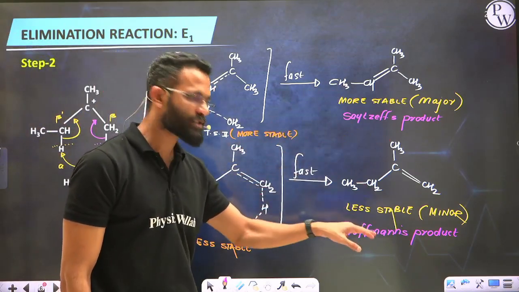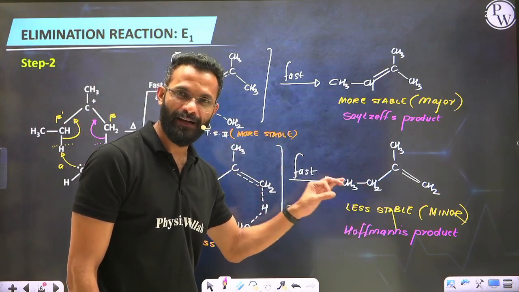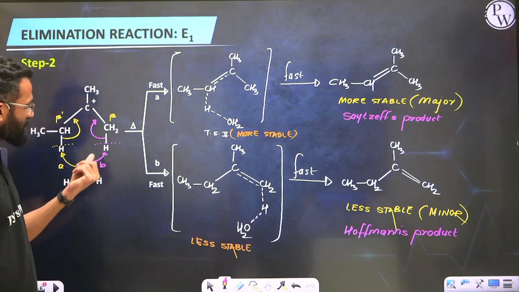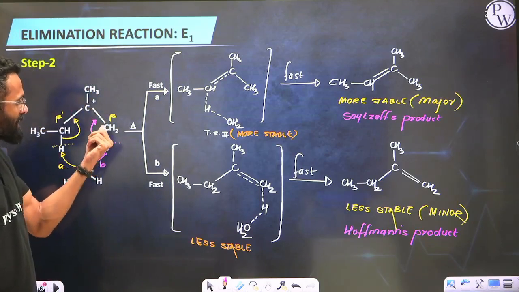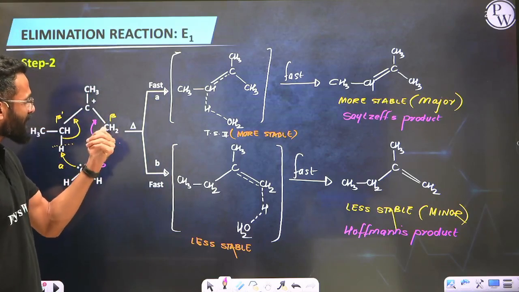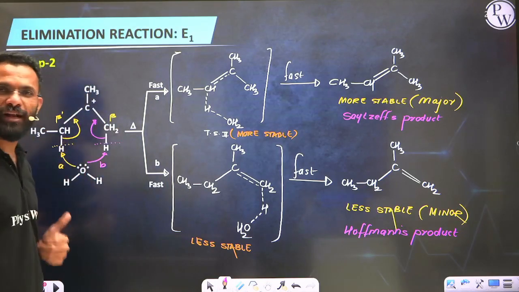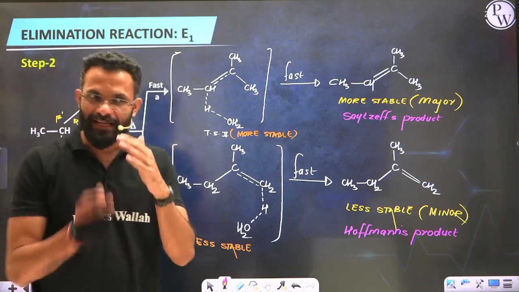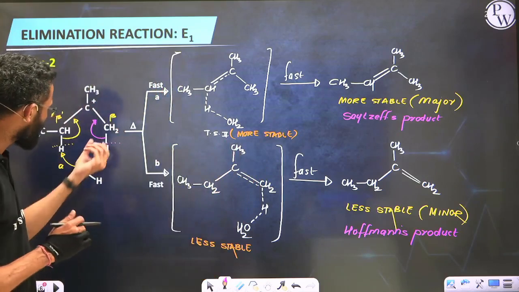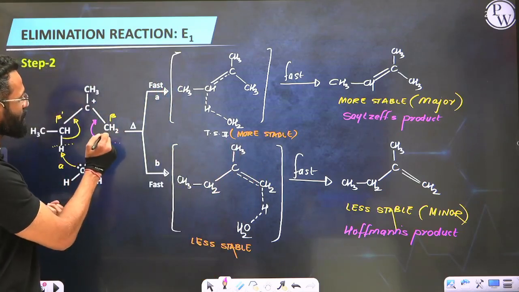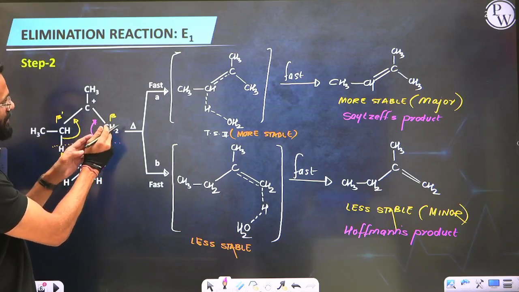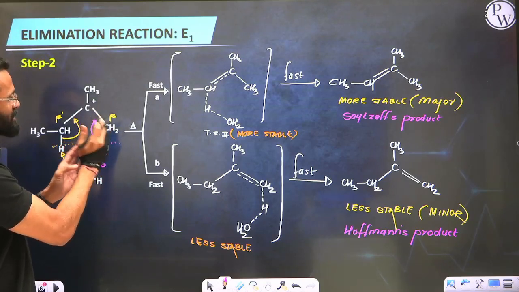Whereas what is Hofmann elimination product? A type of beta elimination product where base abstracts the hydrogen atom from less substituted beta carbon or from the more acidic beta carbon atom. Why is this more acidic? See, a compound is acidic when the conjugate bases are stable. So if I assume after loss of H plus, the carbanion will be formed here, that conjugate base at this carbon will be more stable because it is least substituted.